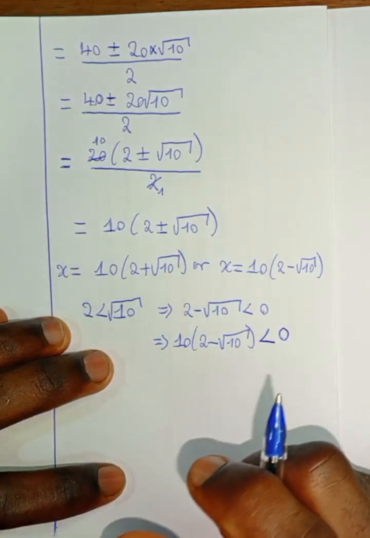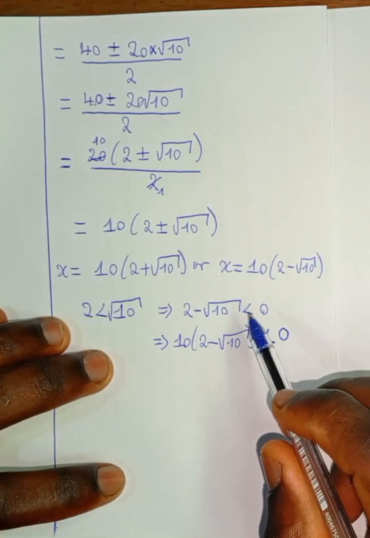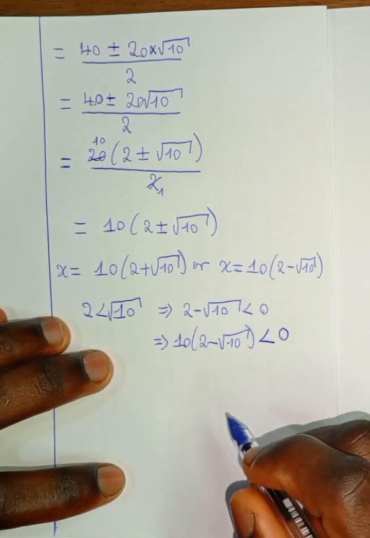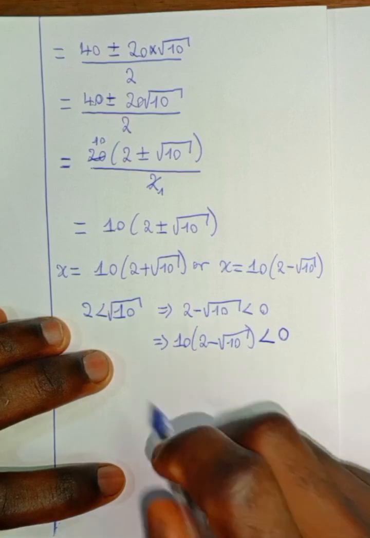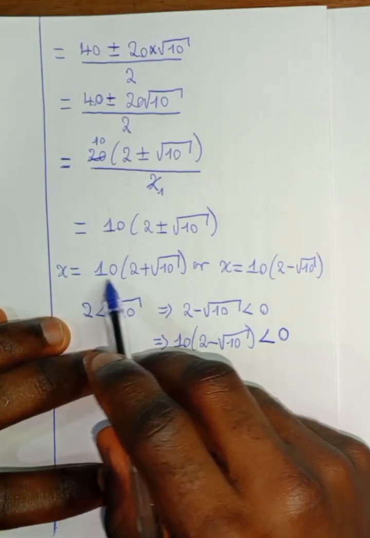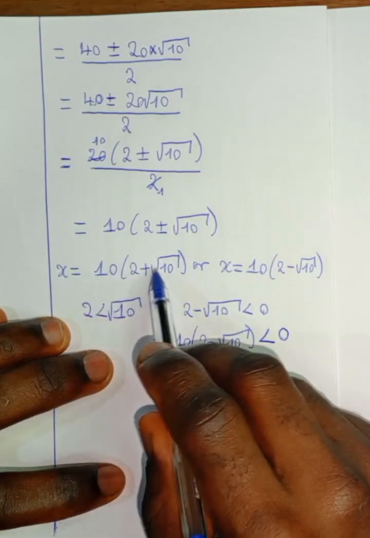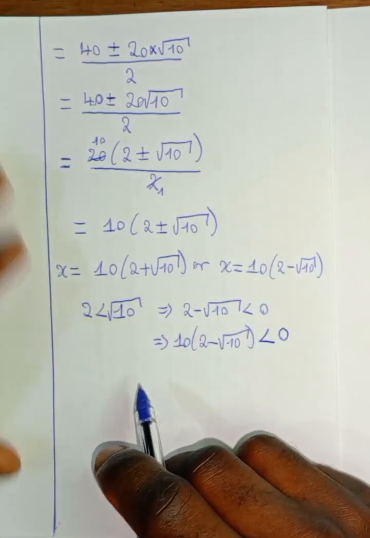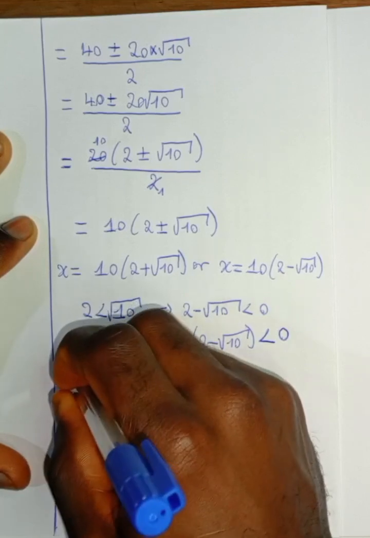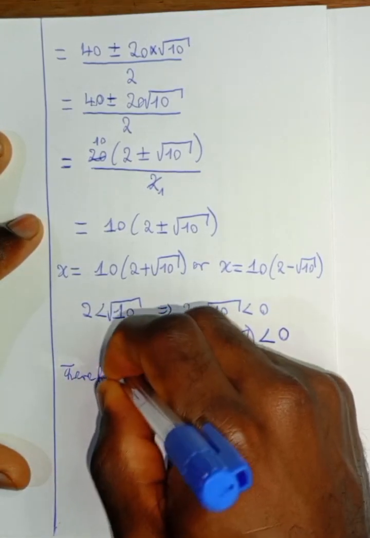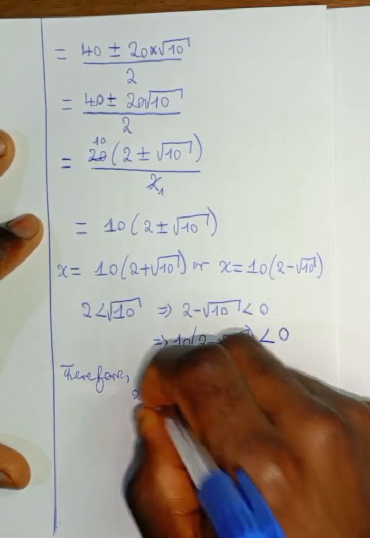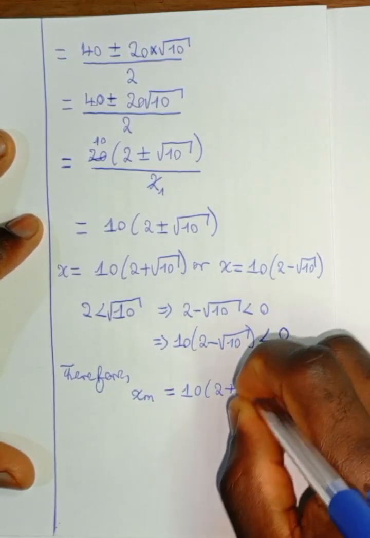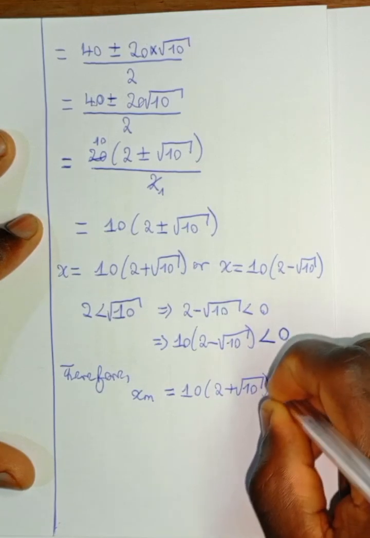Remember, x is distance. We are measuring distance, and distance cannot be negative. Since distance cannot be negative, it therefore means we are going to take just the first solution, which is 10 times 2 plus root 10. We are going to discard the second value for x. We conclude therefore, our x meters will simply be equal to 10 times 2 plus root 10 meters.